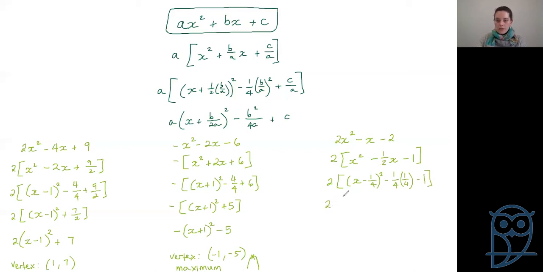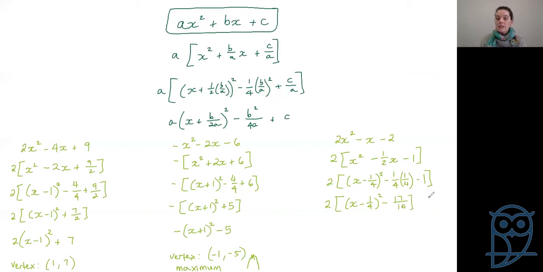So we have 2 times (x minus a quarter, all squared, minus 1 over 16 minus 1, giving us minus 17 over 16.